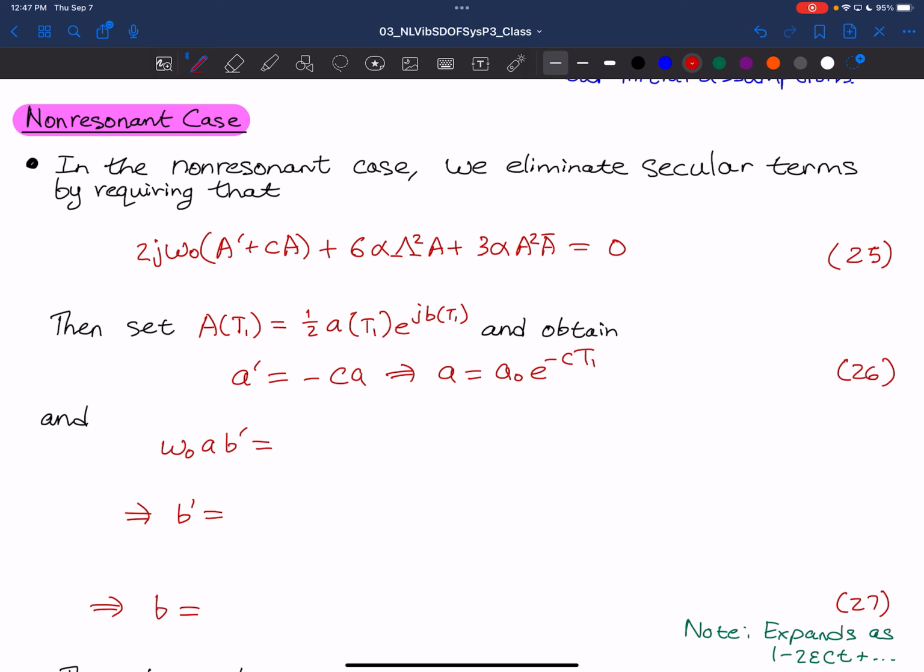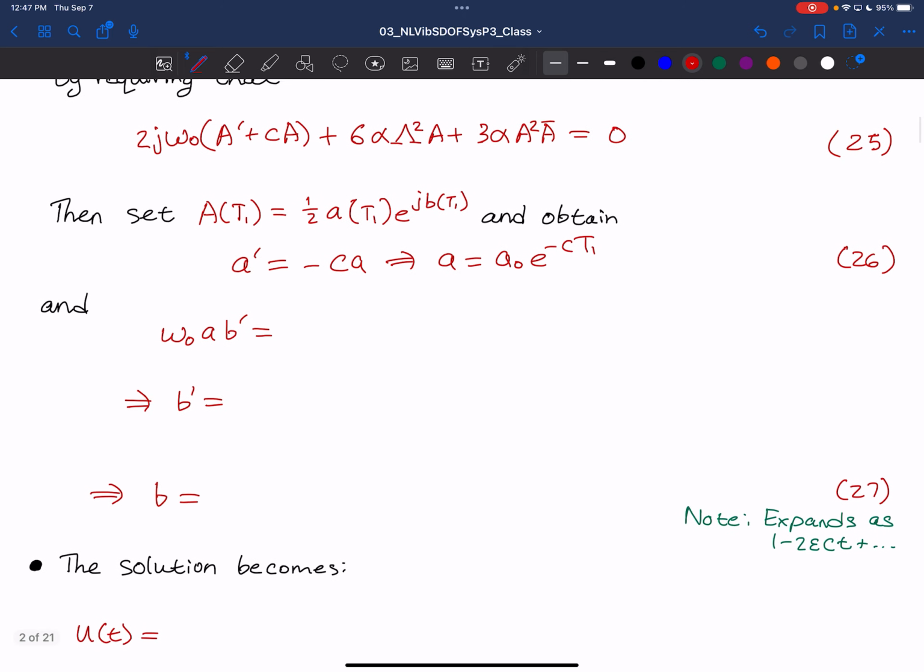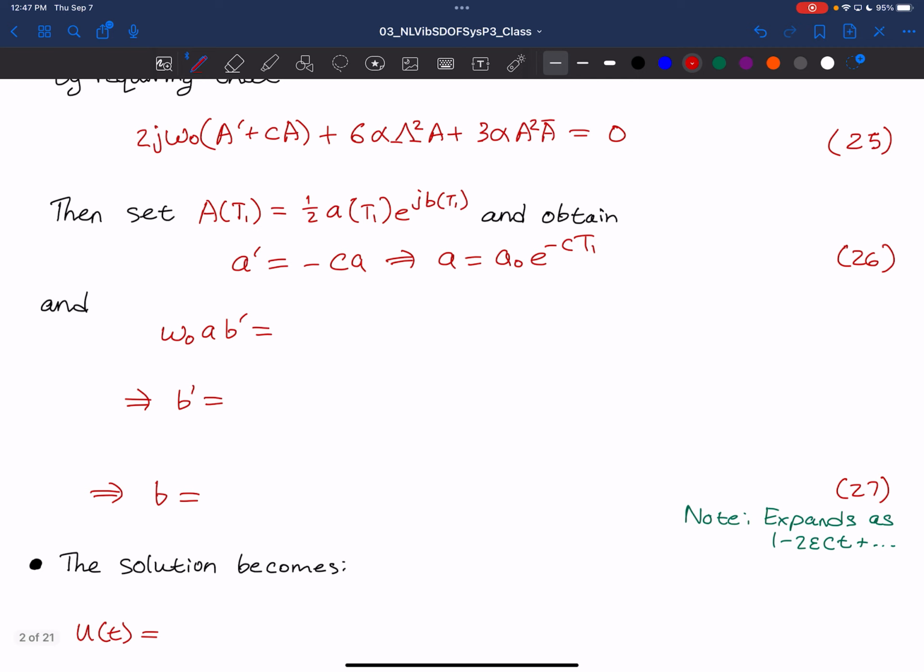And then for the second equation, we have omega 0 times a times b prime is equal to 3 alpha times the quantity lambda squared plus a squared over 8, all that times a. And in that case, we can then eliminate an a from both sides of the equation.